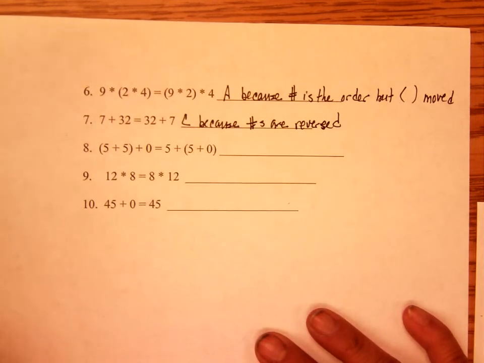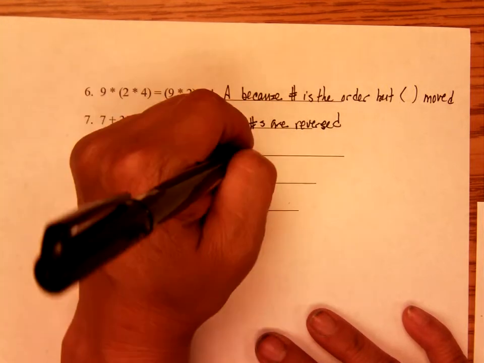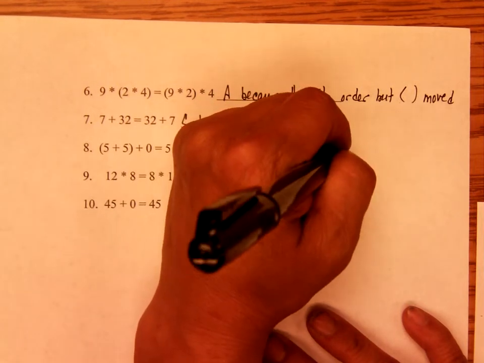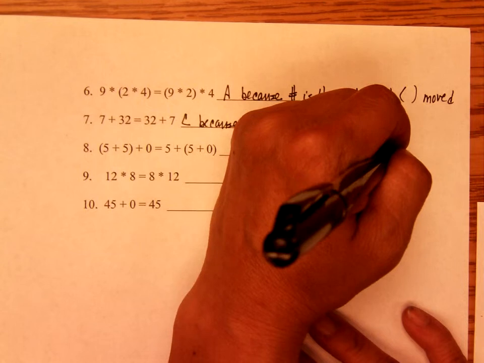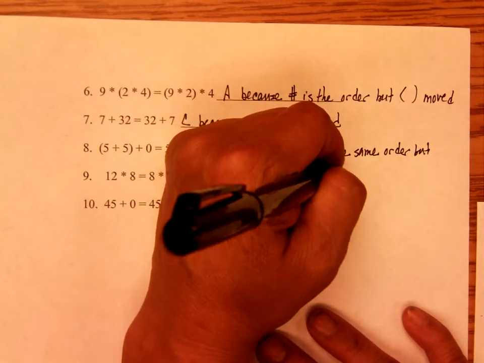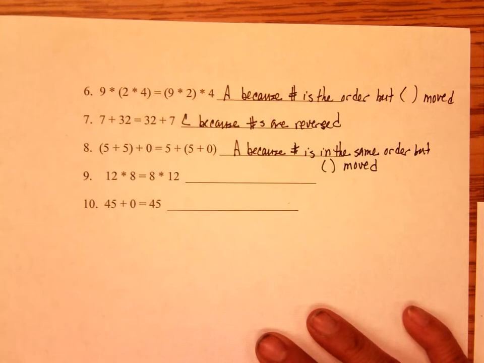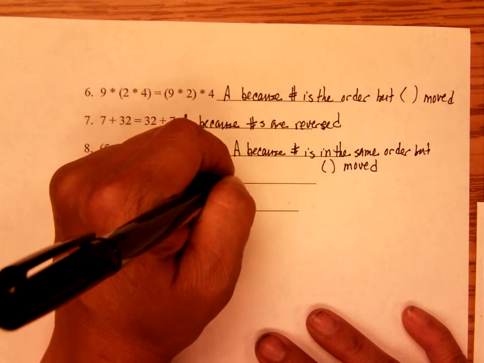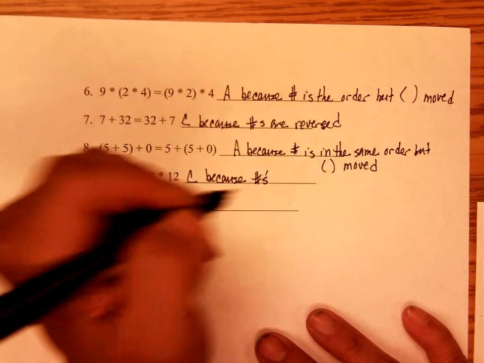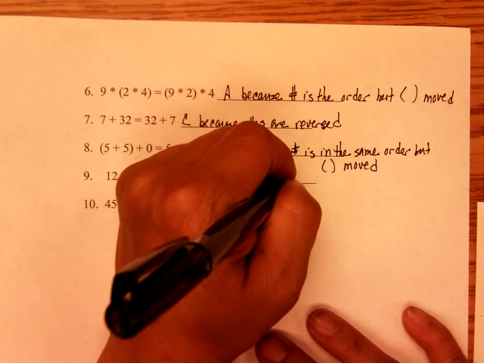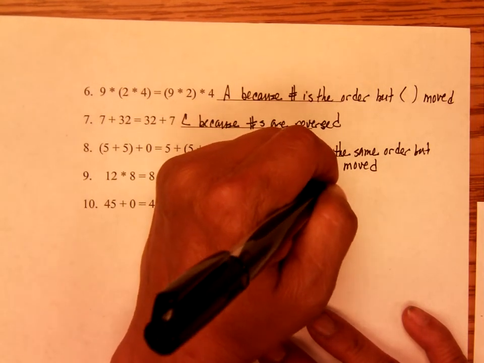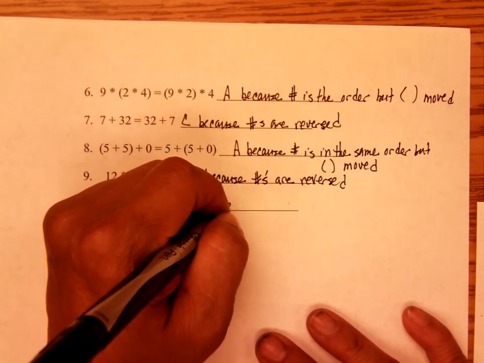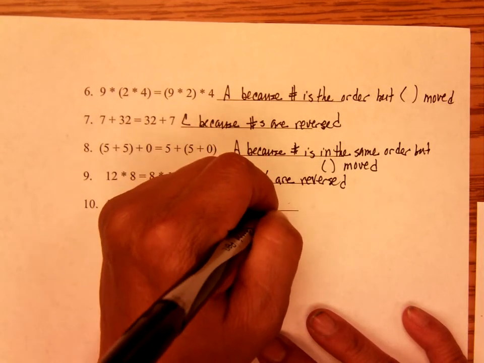Number 8 is associative property because the number is in the same order, but parentheses moved. Number 9 is commutative property because numbers are reversed. And the last one is identity because the number is mirrored.